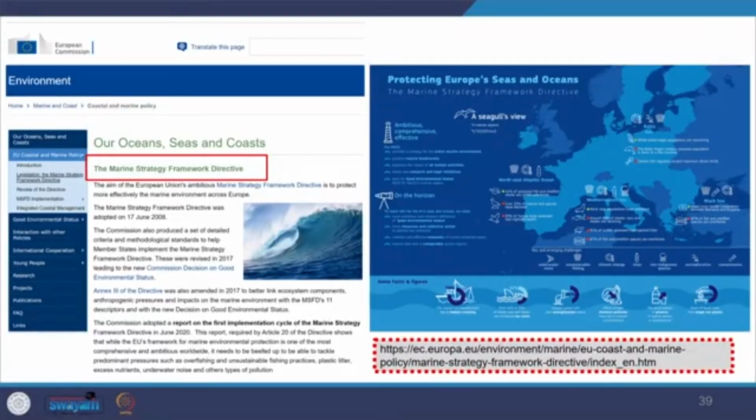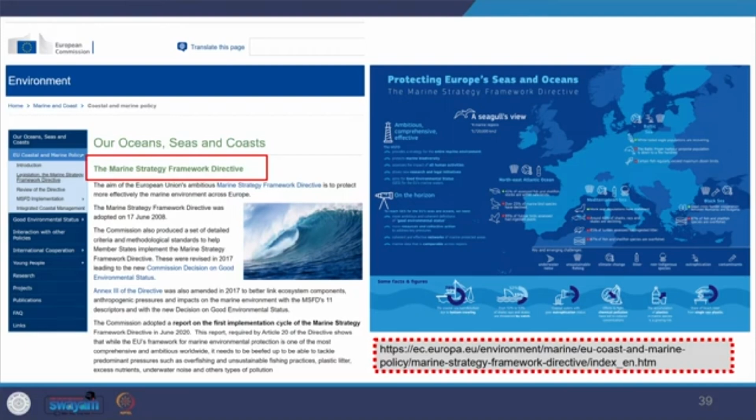Looking at Europe, you would also find the Marine Strategy Framework Directive, which aims to protect the marine environment across Europe more effectively by achieving good environmental status. They have a certain time period and targets set.